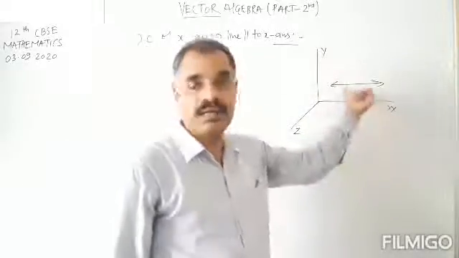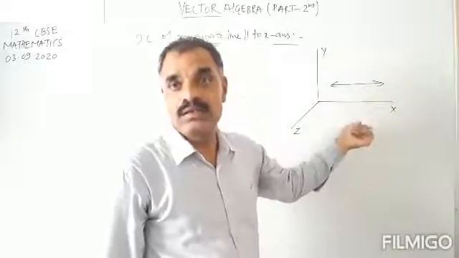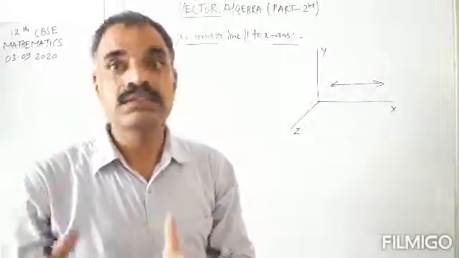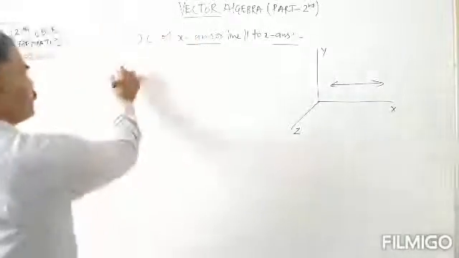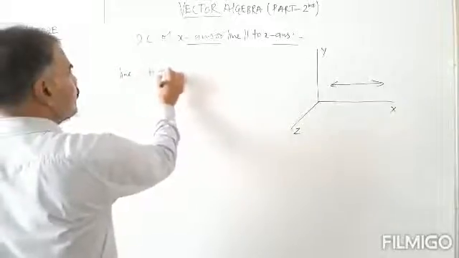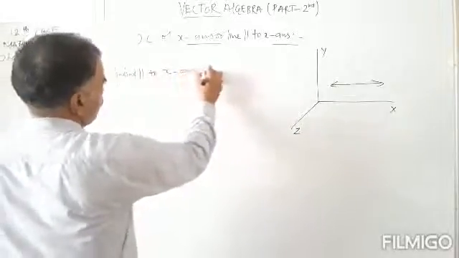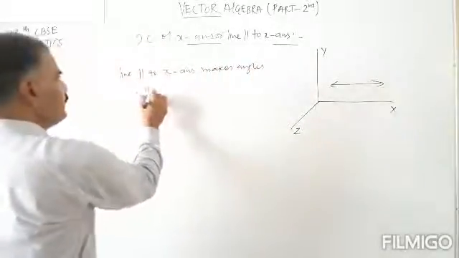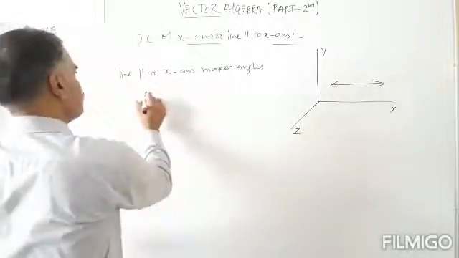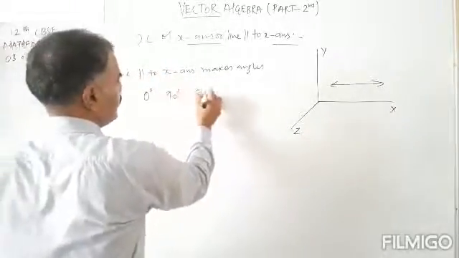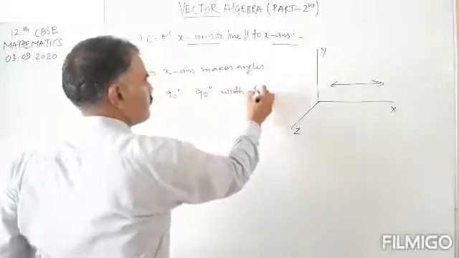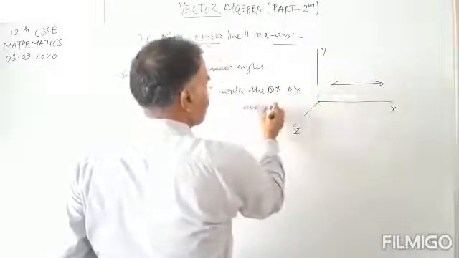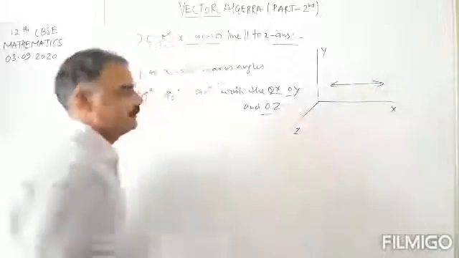Now this parallel line will make angles 0 degree, 90 degree and 90 degree with the positive x axis, positive y axis and positive z axis. Okay, so a line parallel to x axis makes angles 0 degree, 90 degree and 90 degree with OX, OY and OZ, that is x axis, y axis and z axis.